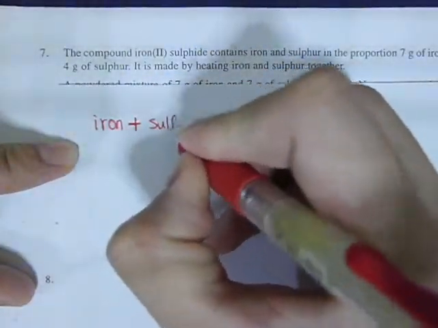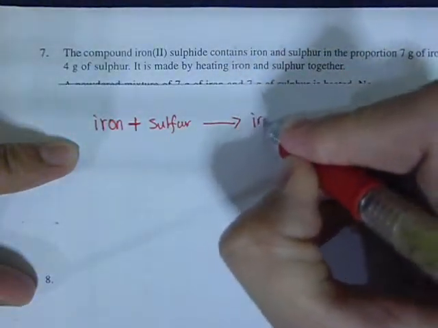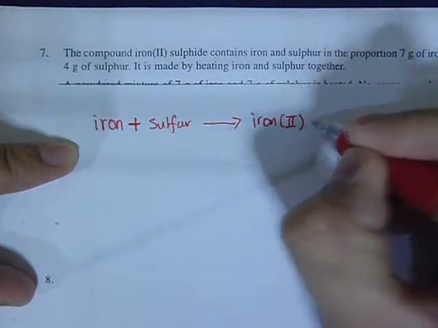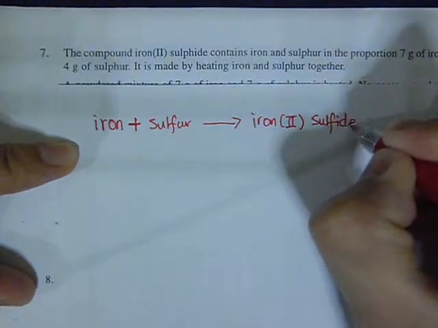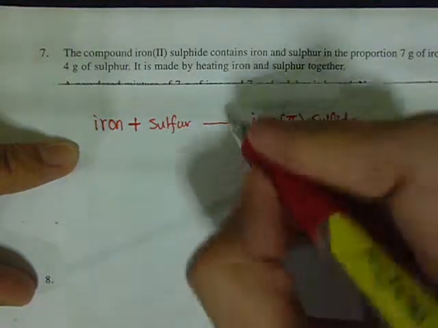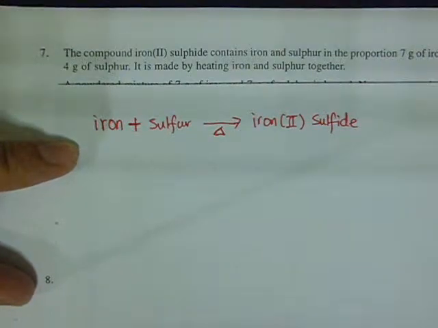So iron plus sulfur would give you iron 2 sulfide. Iron and sulfur together, and I heat it, will give you iron 2 sulfide.